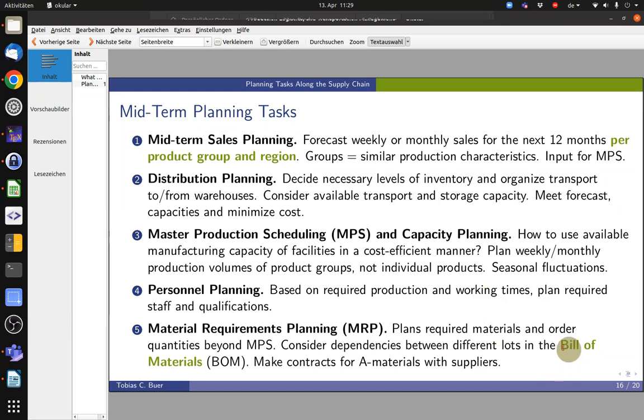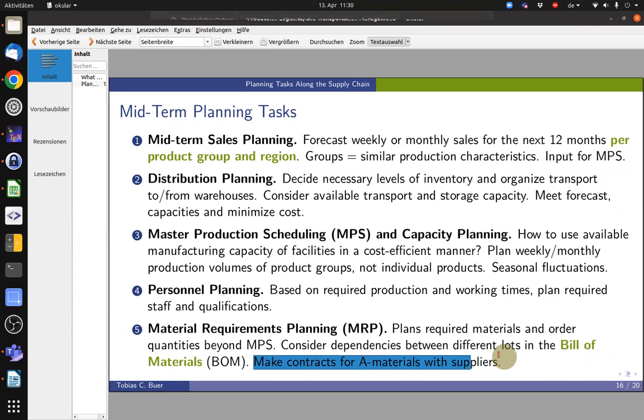And we look at the bill of materials and we consider the dependencies between different production lots so that we can decide what the required materials are. And this also includes making or discussing the contracts for the suppliers that supply our A materials.